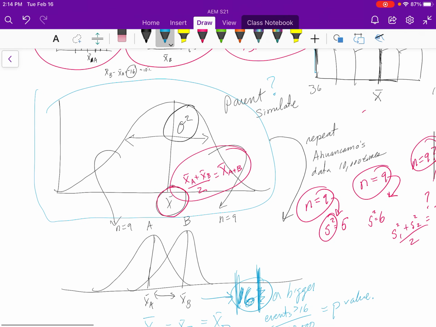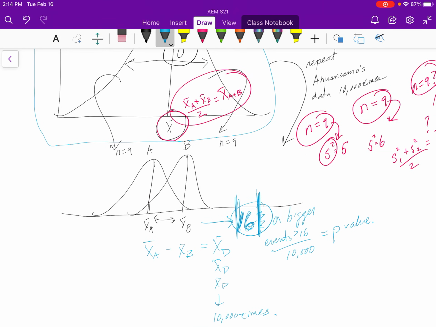And then we can go through 10,000 times and draw out samples, and for each sample look at the difference, and then sort them, rank them from smallest to largest, and then use those to figure out how many times each kind of event has occurred.